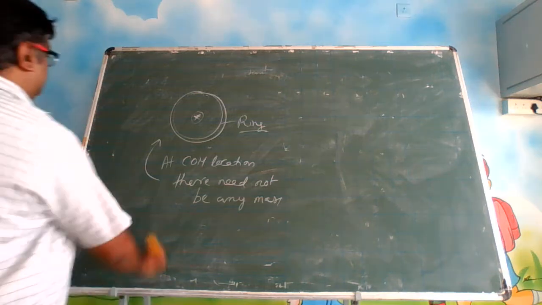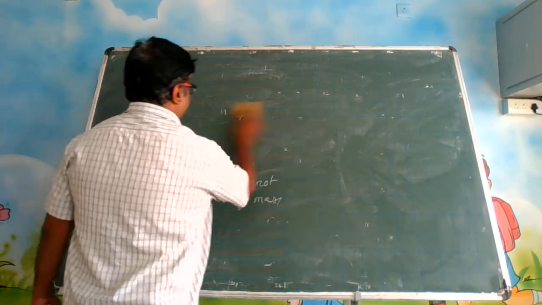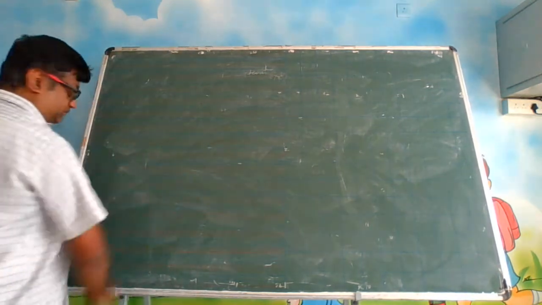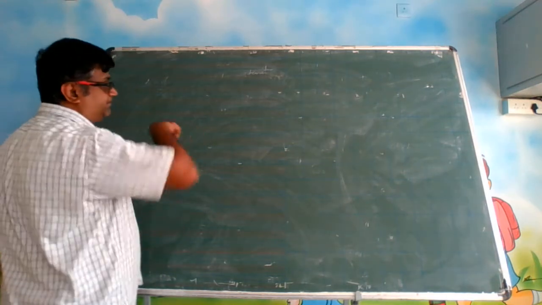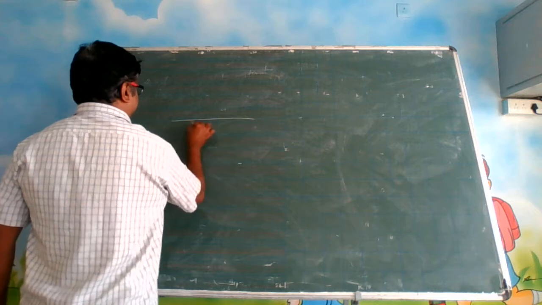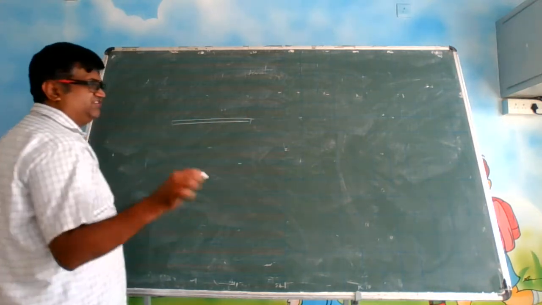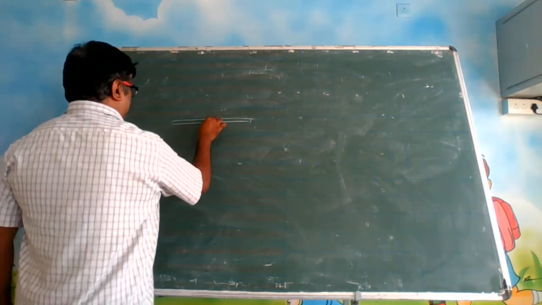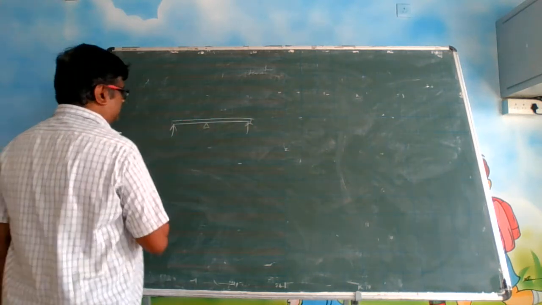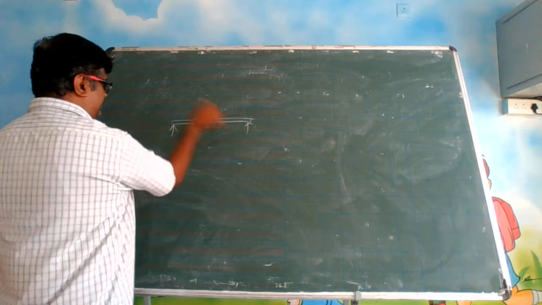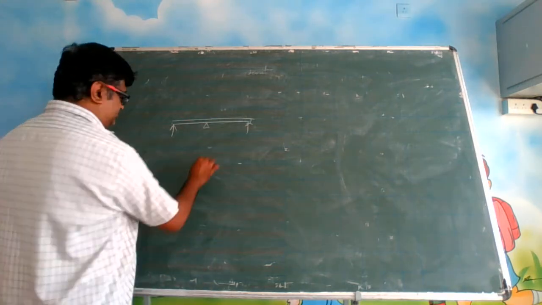And one more last point. This is very useful. Suppose you take a system. You can see a seesaw kind of a system. Let us say there is one boy here and another boy here. This is a system. Obviously, this system will have some center of mass.